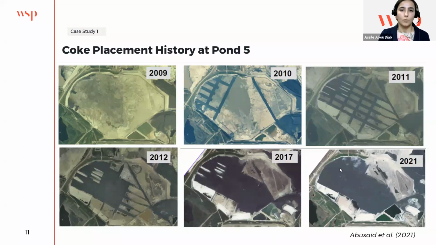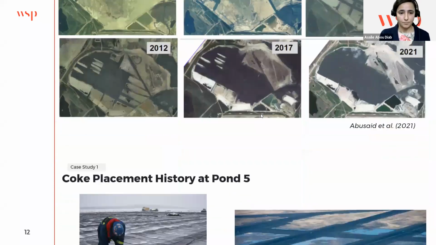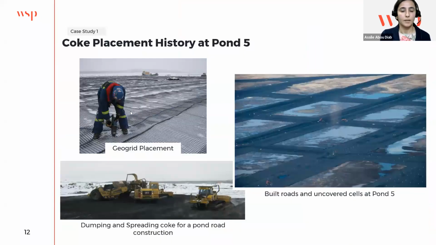And as we are talking now, it's being raised again from 4 meters to 6 meters thickness. More photos on covering Pond 5. During the winter season, they placed the geomembrane and then the geogrid on top. After the geotextile was installed and anchored to the surrounding dikes and beaches, coke was dumped and spread.